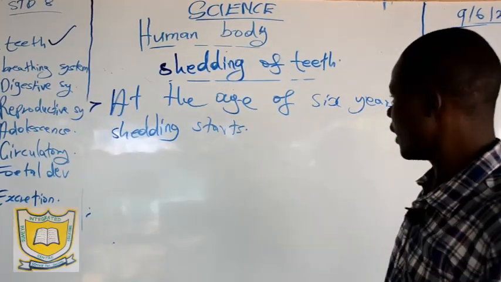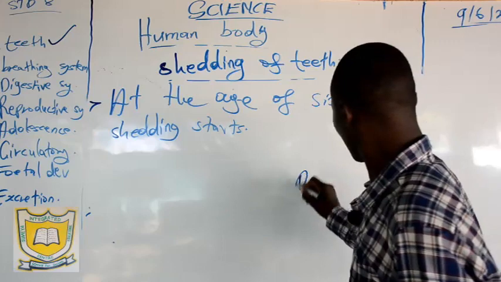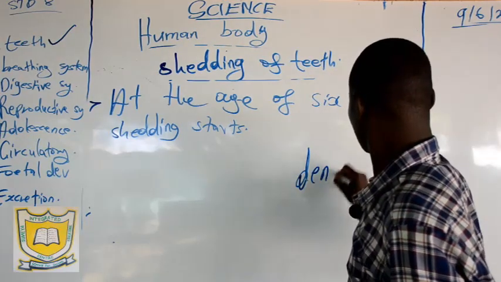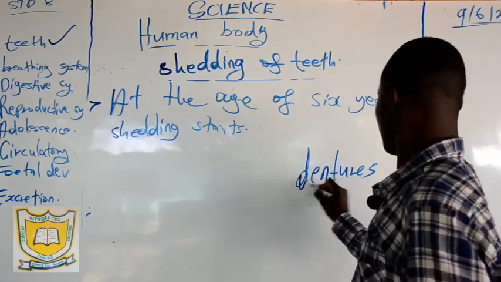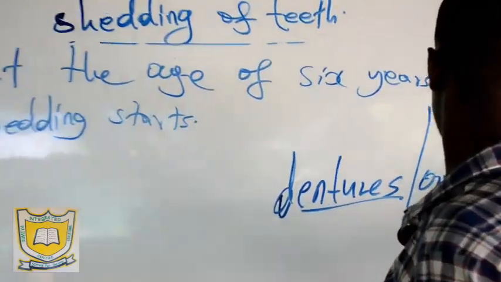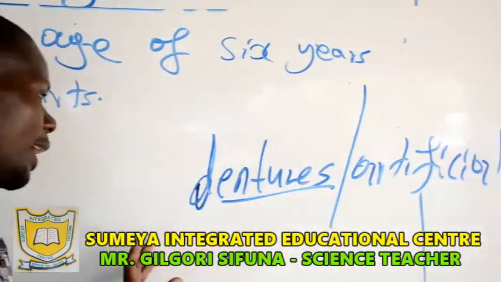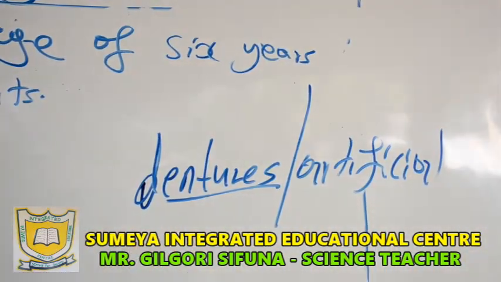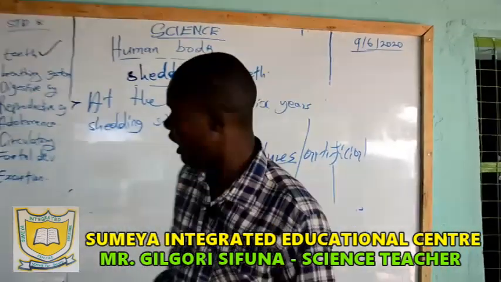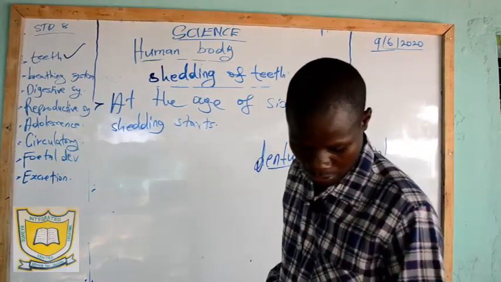So you can replace them with artificial teeth, which is done by the dental surgeon. A doctor known as a dental surgeon can replace the secondary type of teeth when it is externally shed out.